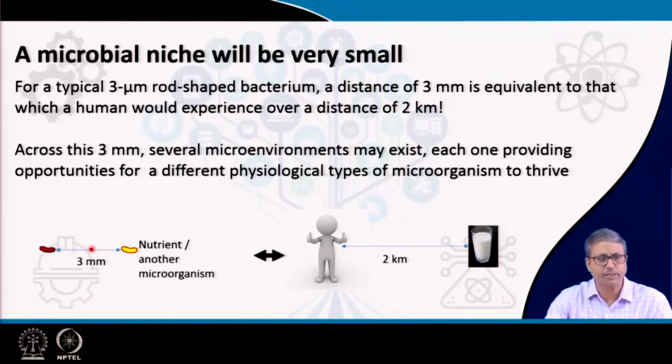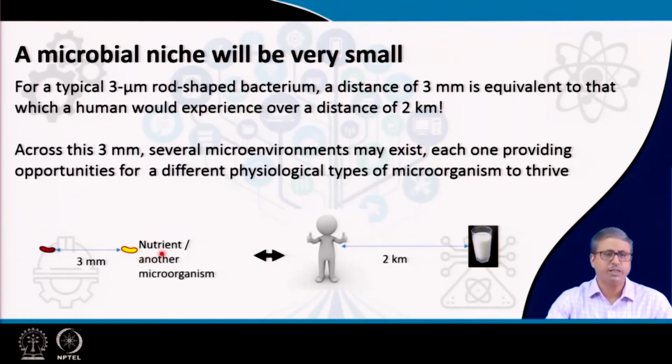So, there could be numerous micro environments which are basically alterations in their physical or chemical properties. So, each one of these micro environments is going to provide opportunities for different physiological types of microorganisms to thrive. Now, these micro environments will eventually have different conditions in which other organisms will prevail.